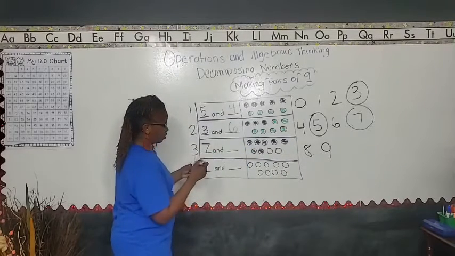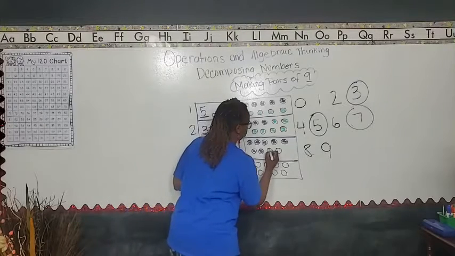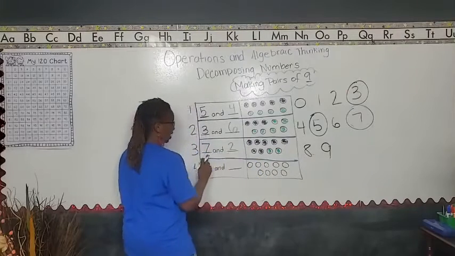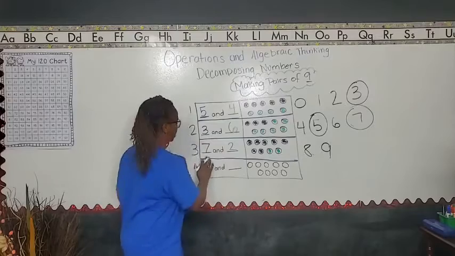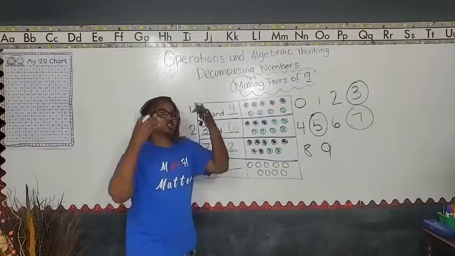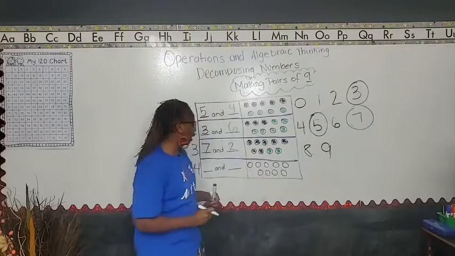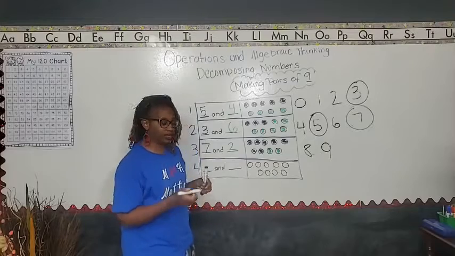Okay? 7 of them are purple. How many are green? 1, 2. 7 and 2 make 9. 7 and 2 give me a total of 9. When I break 9 apart, right, I have 7 and 2 as one of my ways.